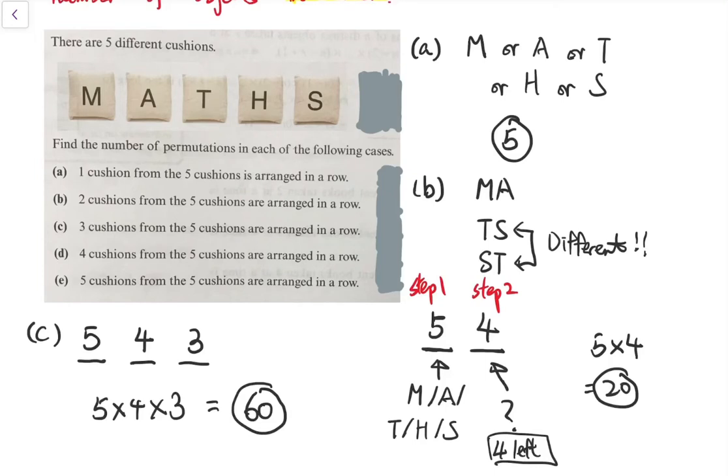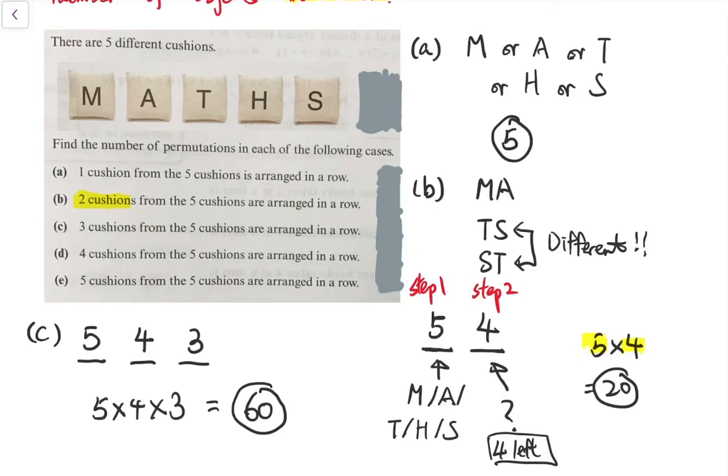Now maybe you can observe, if you only pick 1, then you get 1 number. In part B, if you get 2 letters, then you will have 2 numbers multiplied with each other. For the first one, how many choices, and for the second one, how many choices, and then you multiply them together.